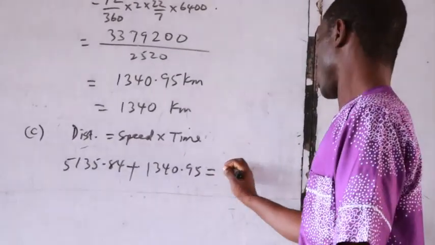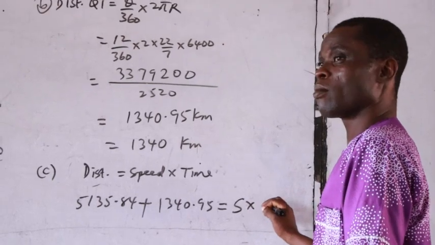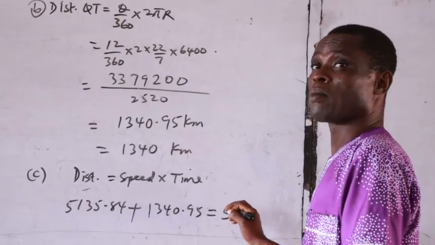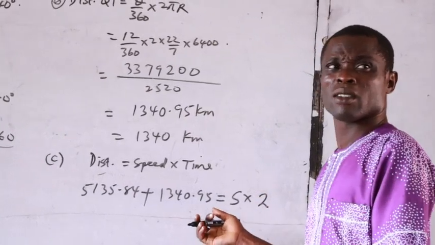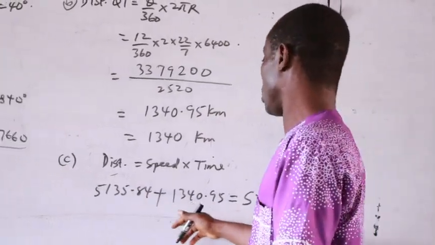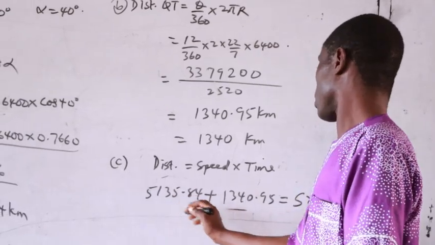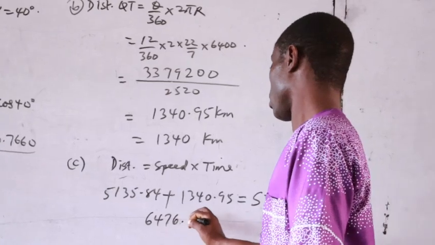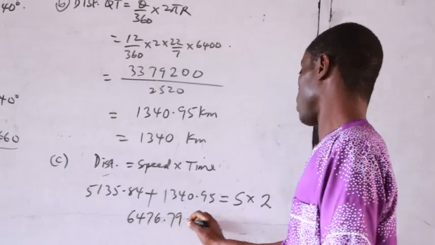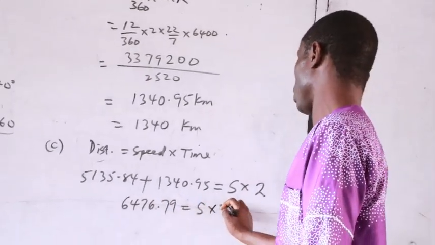Okay, and what is the time taken? 2 hours. Okay, what is the sum of this? 6476.79 equals S times 2.